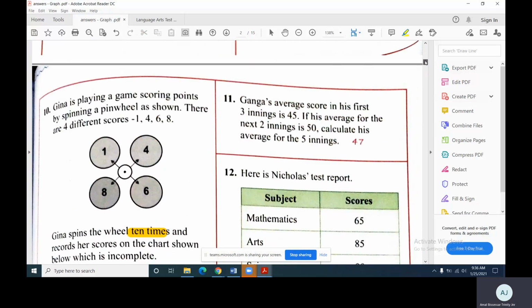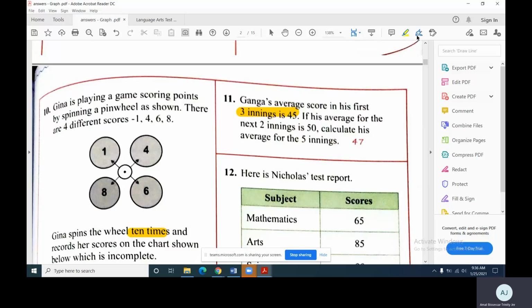Ganga's average score in his first 3 innings is 45. If his average score for the next 2 is 50, calculate his average in the 5 innings. So I want you to pay attention to how this works in parts. Ganga's average score in the first 3 innings is 45. You have to multiply there.